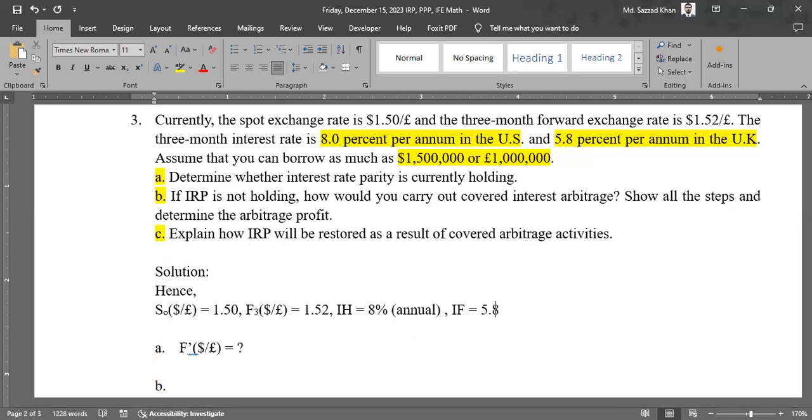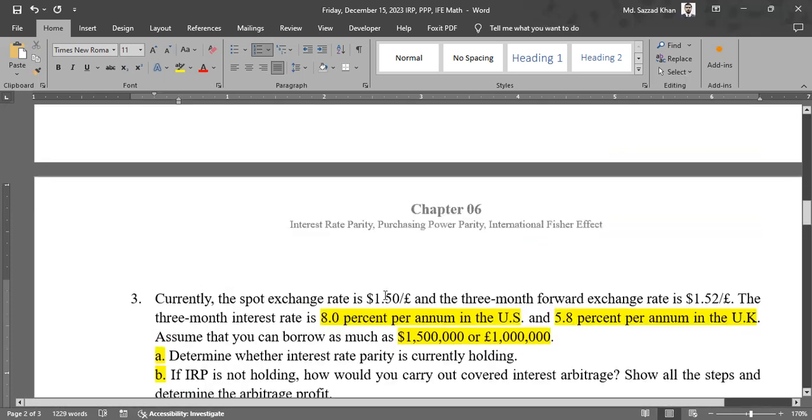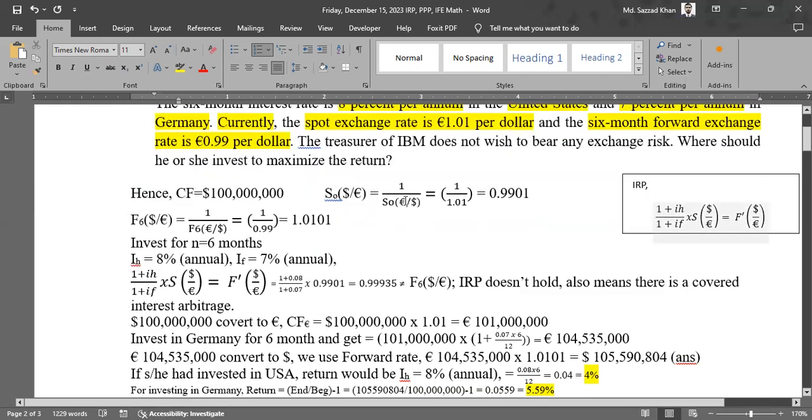That's 5.8% annual. So we need to see whether IRP holds or not. Okay, let's see. Copy the thing.